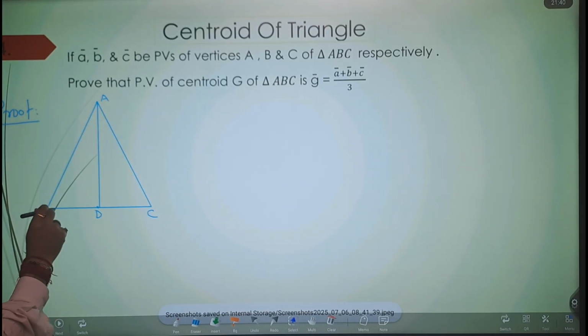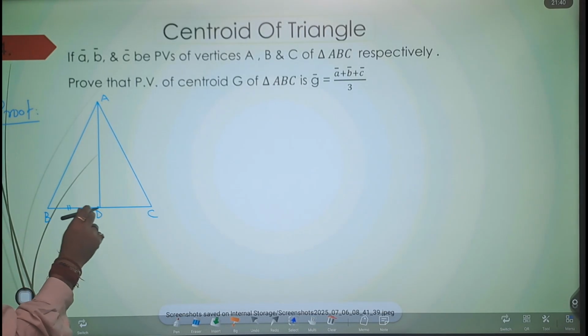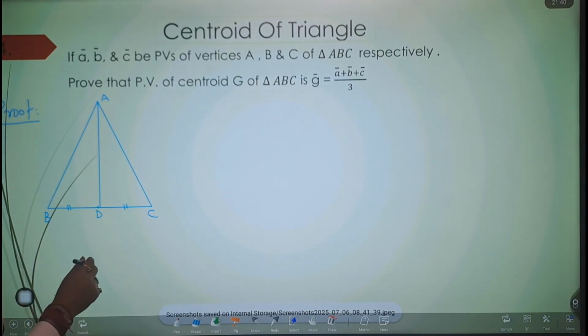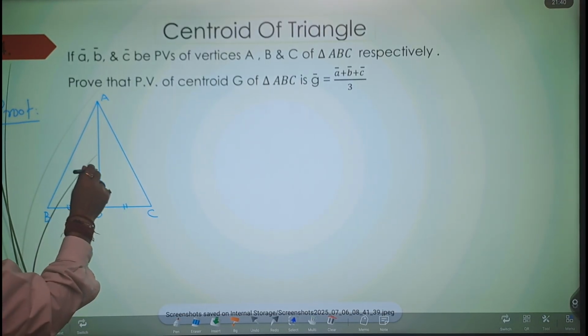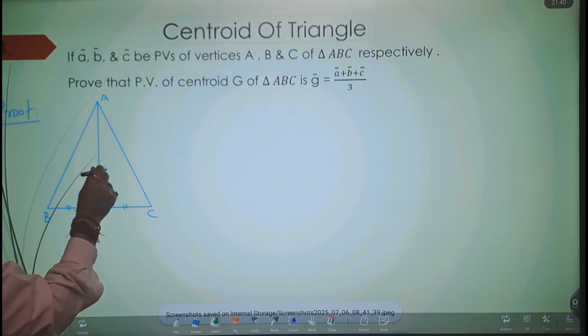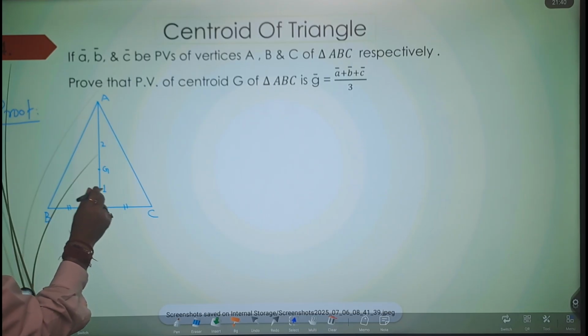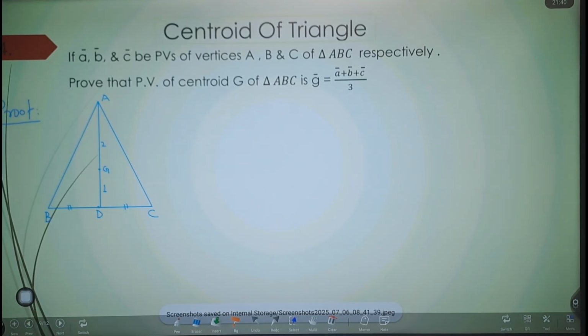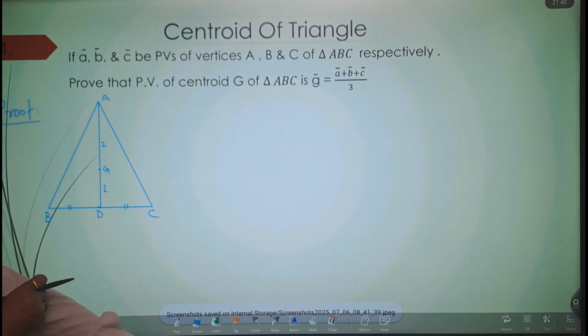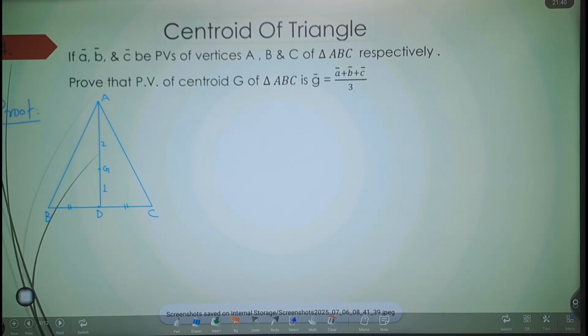So this is median. So D will be the midpoint of side BC. Centroid divides median internally in the ratio 2:1. This part is 2, this part is 1. The first two lines I will write regarding centroid.